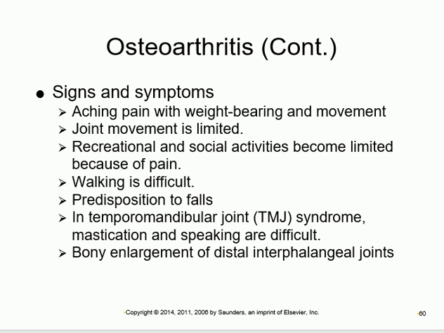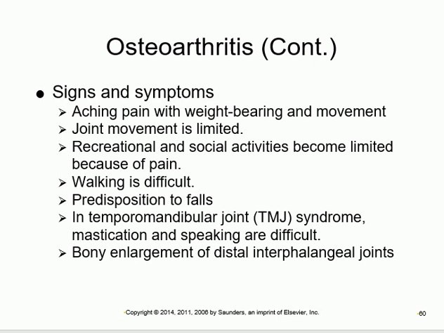Signs and symptoms, most important to remember is pain and limited movement. This is the most important of all. Okay? Pain and limitation of movement. There are other things, but this is the most important of all. Pain where specifically? In the weight-bearing joints.